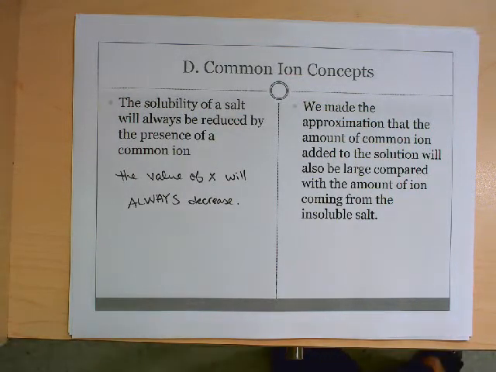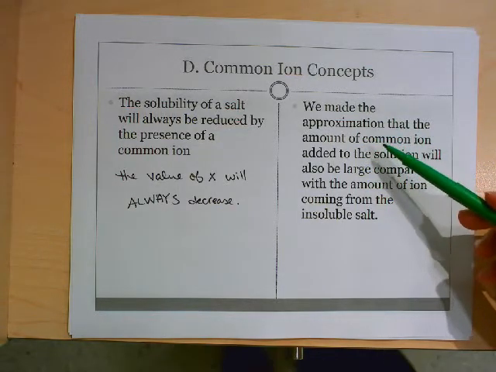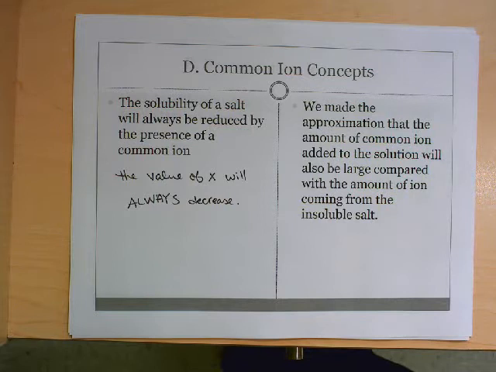Whatever x you're solving for will always decrease. There'll always be less ions in solution when there's a common ion. And this is the approximation we just made, right? That the amount of common ion added is way bigger than the ions that we throw free in solution.